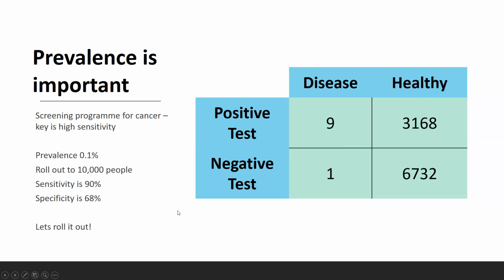And so even with these good numbers, your positive predictive value is actually sitting around 0.28%. So the reality is that this test may not be helpful, may not be possible to roll it out, and that's something that needs to be considered when people report sensitivity and specificity, but fail to report prevalence of a condition, and therefore the positive predictive value of a test.